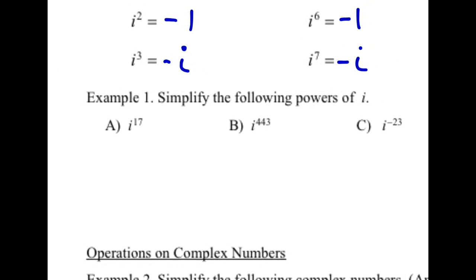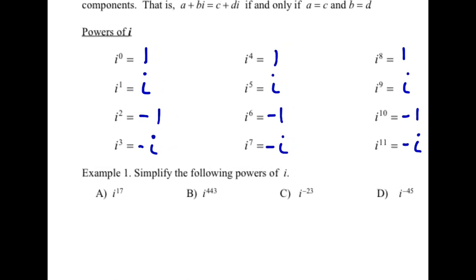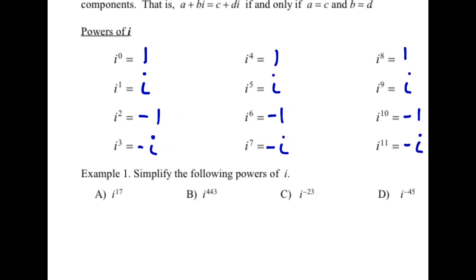So now what would i to the 17 be? Well, using similar logic to what you just saw above, you could try to figure out which category it would fit in. Would it be equivalent to i to the 0 and i to the 4 and i to the 8 and so on? Well, if you notice, i to the 0, i to the 4, i to the 8, the next one over would be i to the 12, then i to the 16, then i to the 20.